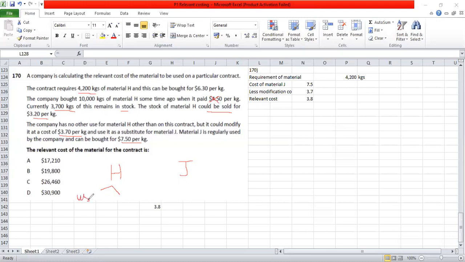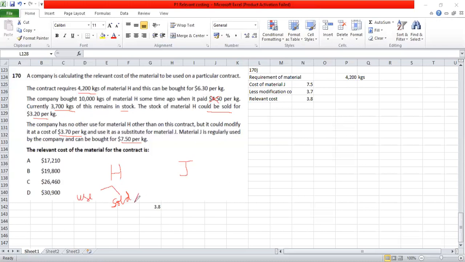The sale value is much lesser, 3.20. If material H is not used for the special contract, all that can be done is it can be sold. It is not a very attractive price, which is only 3.20 per kg. Rather, when they have purchased it at 6.30 and earn a revenue of only 3.20 per kg, it doesn't make any sense. So the sale option can be ruled out.